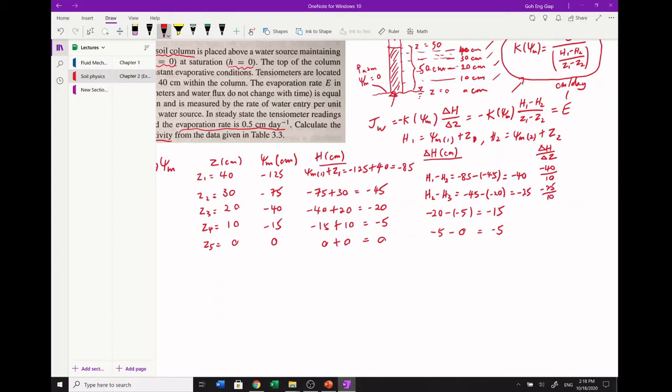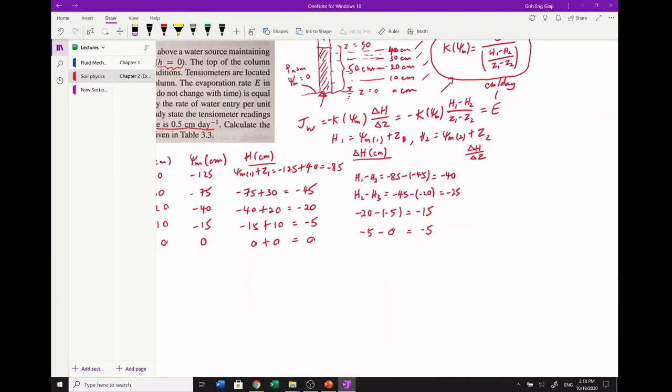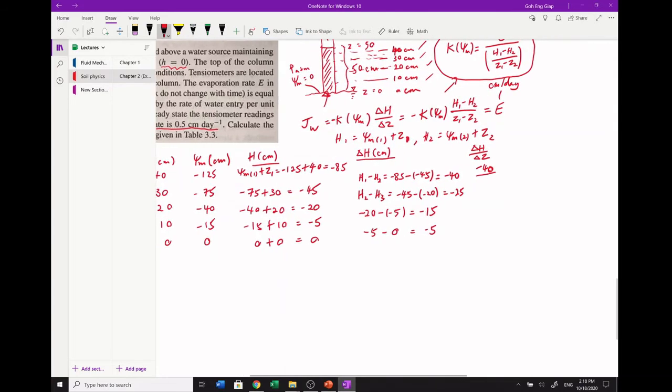Maybe I should write this so you can see it more clearly. So it's negative 40 divided by, H1 minus H2 divided by Z1 minus Z2.